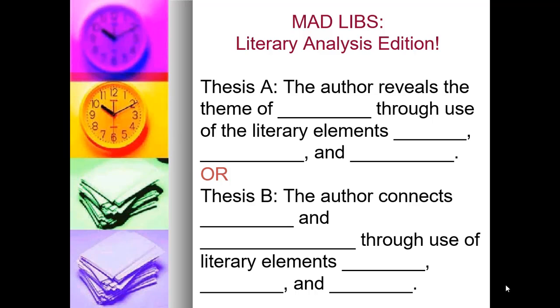So this plug and chug would look something like the author connects blank and blank. In that example, we used structure in the character Alice through the use of literary elements blank, blank, and blank. Okay, so depending on how you interpret Everyday Use and which literary elements you choose, that will determine whether you fill in the blank for thesis A or thesis B.